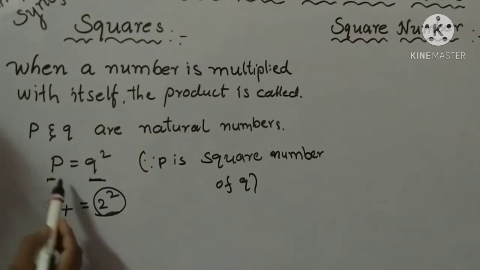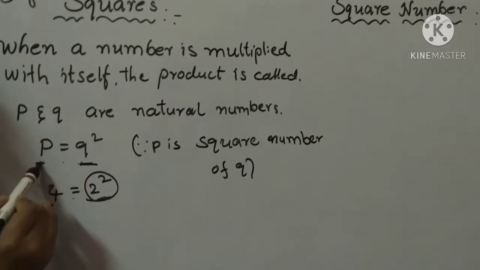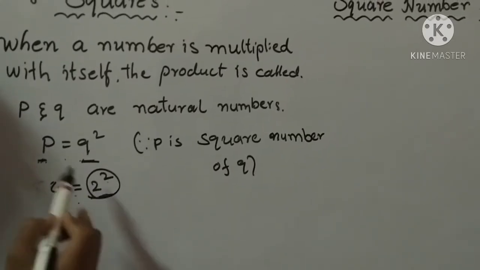Did you understand, children? P equals Q square, so 4 equals 2 square, and 2 square is a square number.